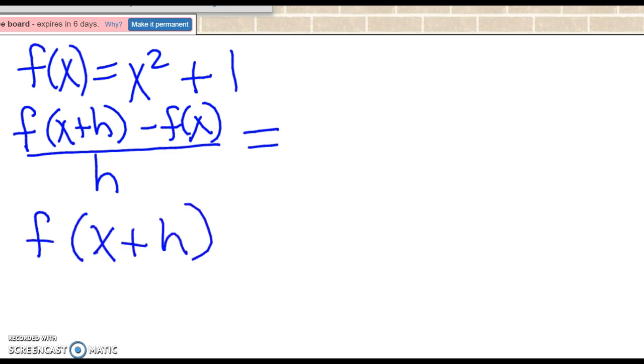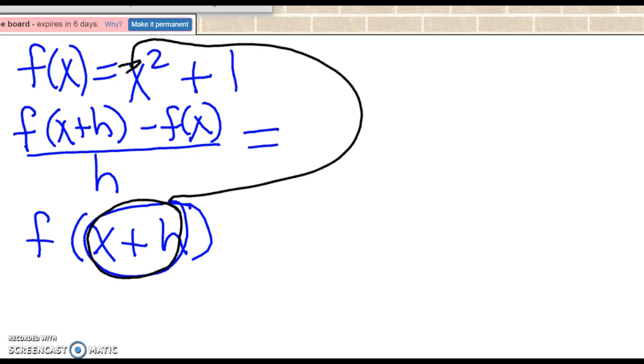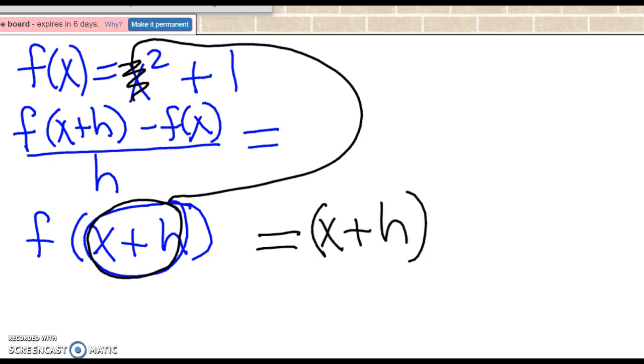We're going to take x plus h and substitute it into f in place of the x that we see. So the x plus h, we use a different color, sorry, is going to be substituted in place of this x, and that would equal x plus h, and we still have the squared and the plus 1.